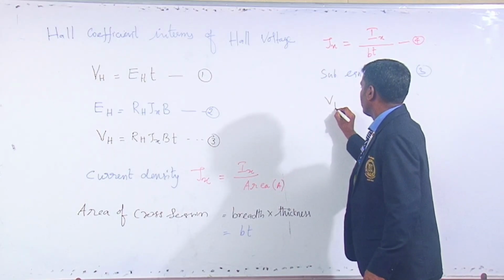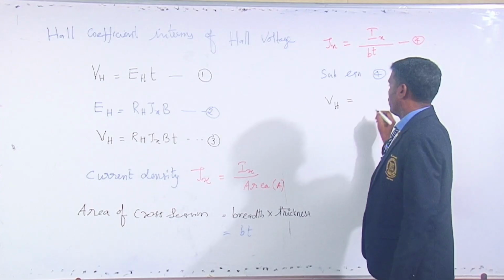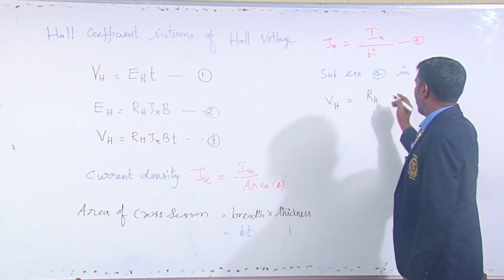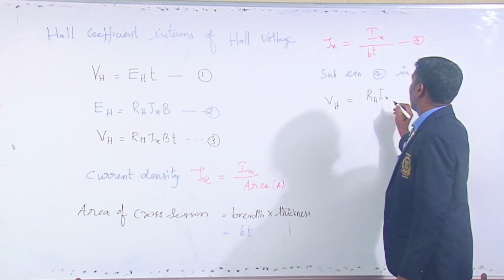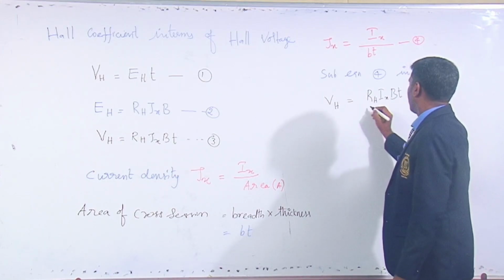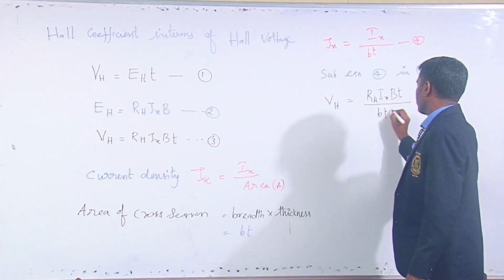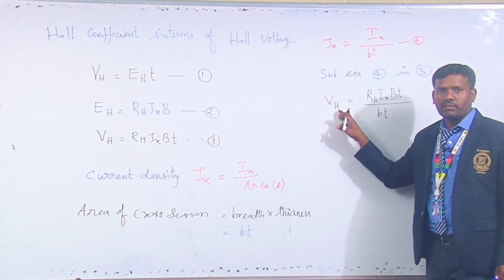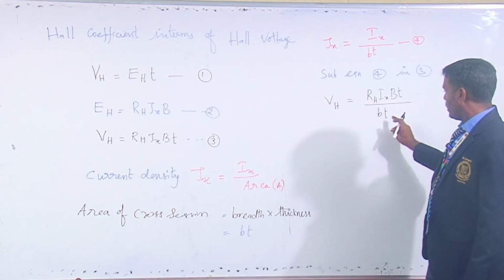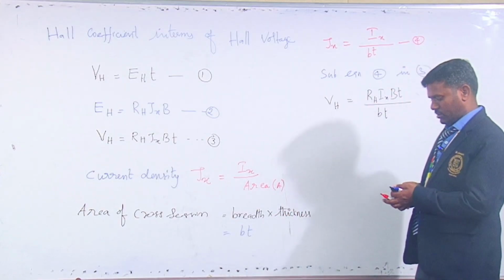Then the Hall voltage VH is equal to RH, Jx instead of Ix, then B T divided by small b and T. This is Hall voltage. VH is equal to RH Ix B T divided by small b and T. This is the area of cross section.